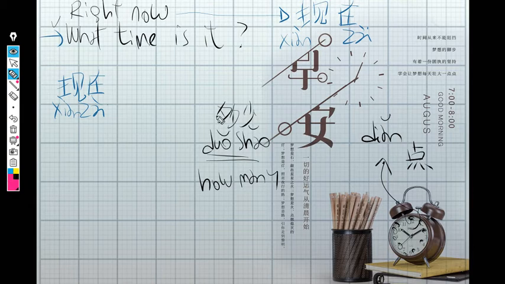I don't know if you talk about that, but duo means a lot, and shao means a little, but little quantity. So a lot, you can say hen duo is a lot.